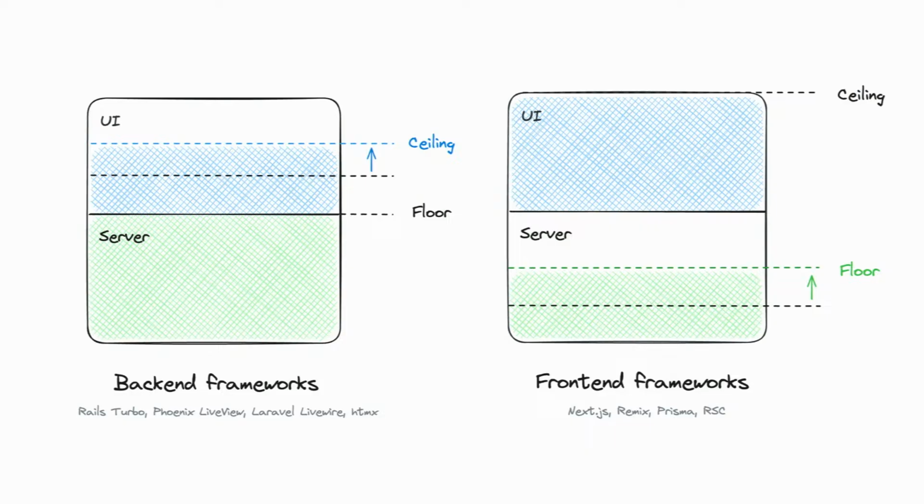HTMX is a library that's really well suited for kind of server-first frameworks. And these absolutely have raised the ceiling on what you can do before you have to leave those frameworks. And Ryan talked about inertia and some different ways that different technologies have tried to cross this boundary. But this is basically how I see their development over the last 10 years.